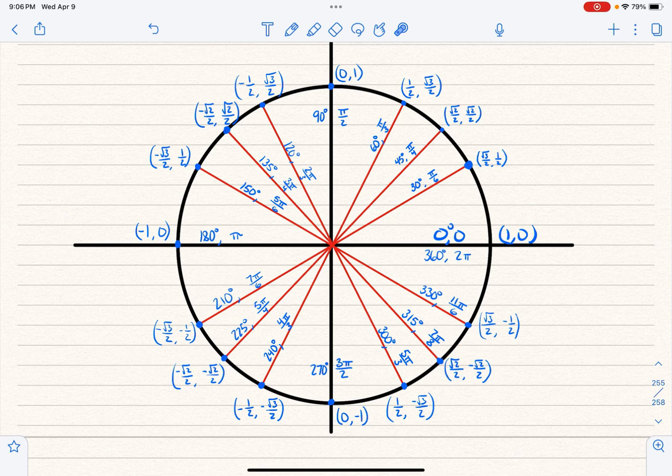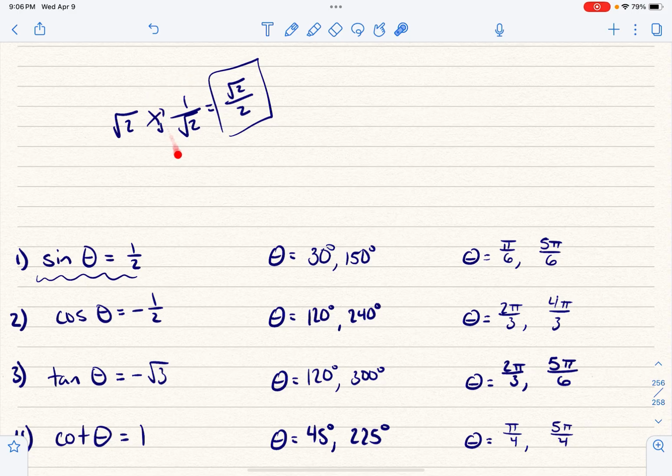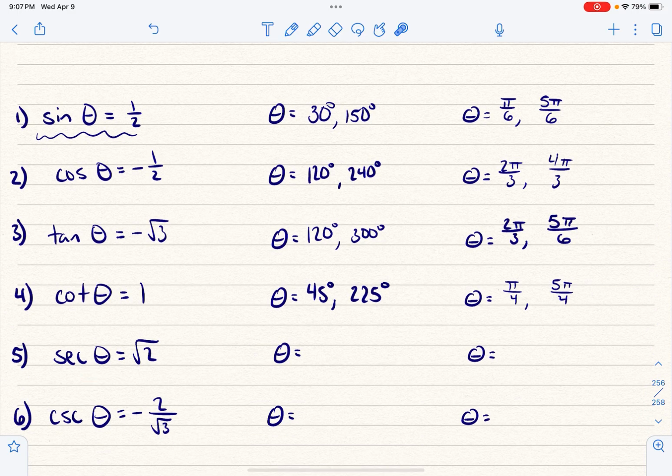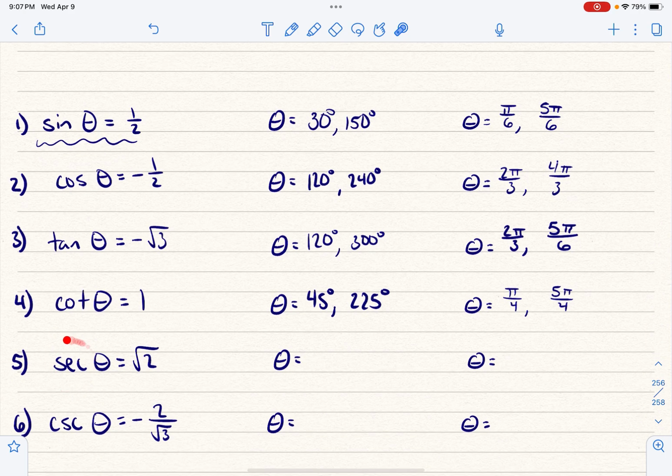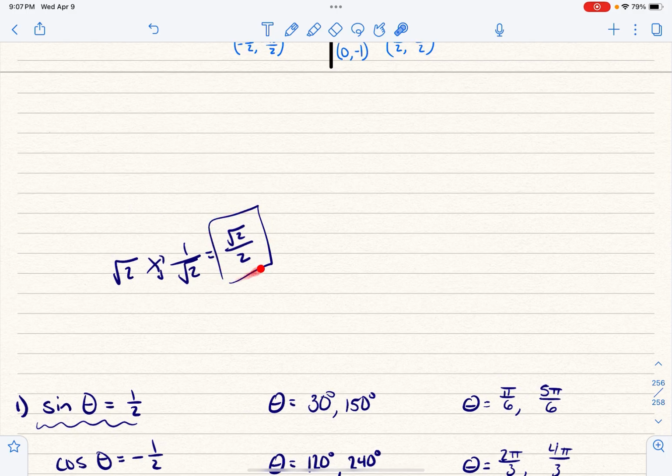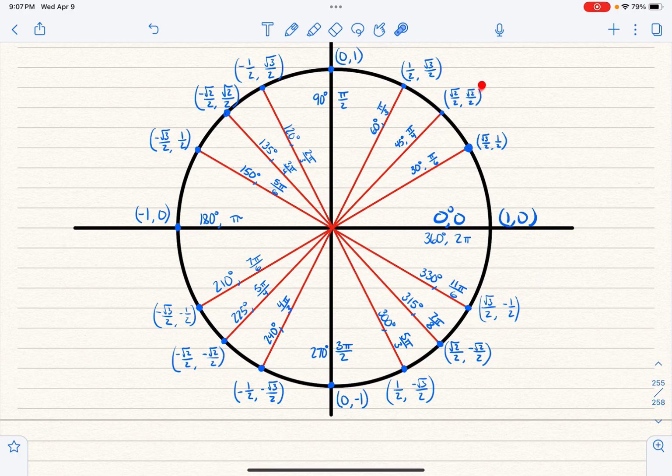And remember, square root of 2 over 2 is also equal to 1 over square root of 2. So secant, square root of 2, I take this and I flip it. When I flip it, I get 1 over the square root of 2, which is also square root of 2 over 2. Secant makes me think cosine, makes me think x, so I'm looking for where my x coordinate is this. So that happens here and down here.